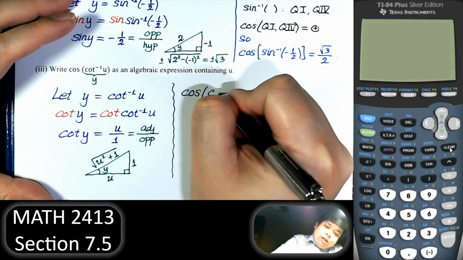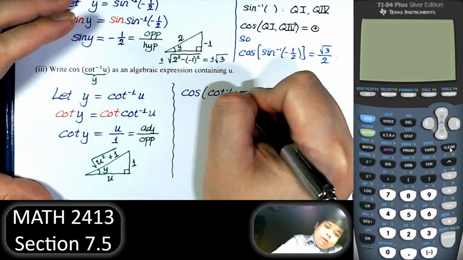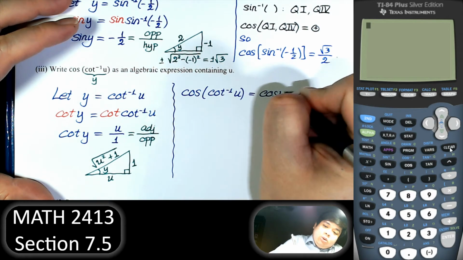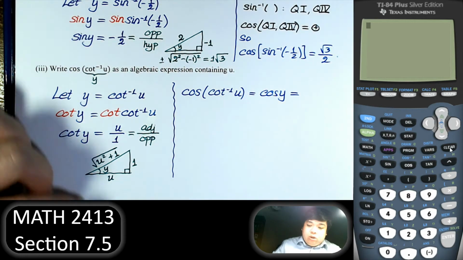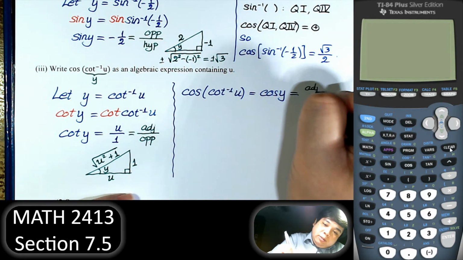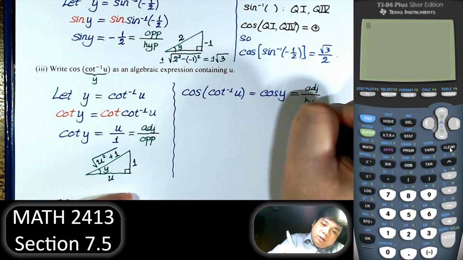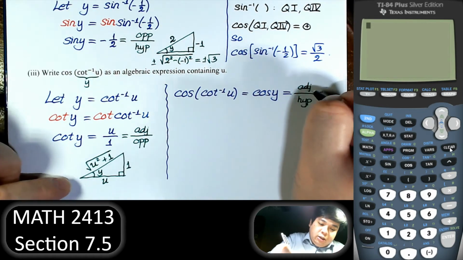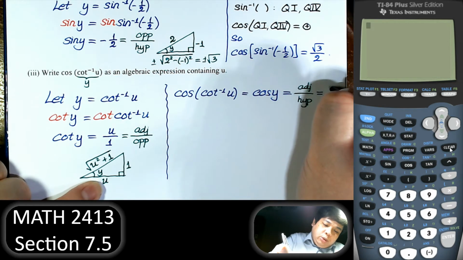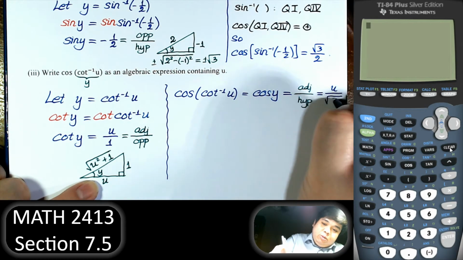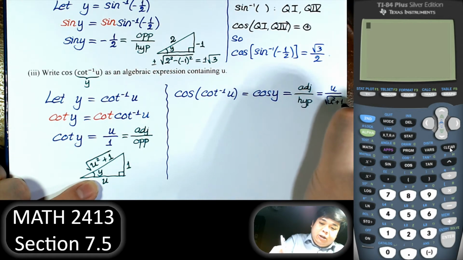Cosine of cotangent inverse of u. And cotangent inverse is y. So we have cosine of y. Cosine is adjacent over hypotenuse. Adjacent is u over hypotenuse square root of u squared plus 1.